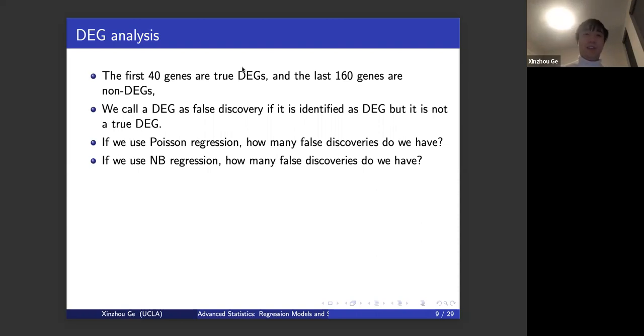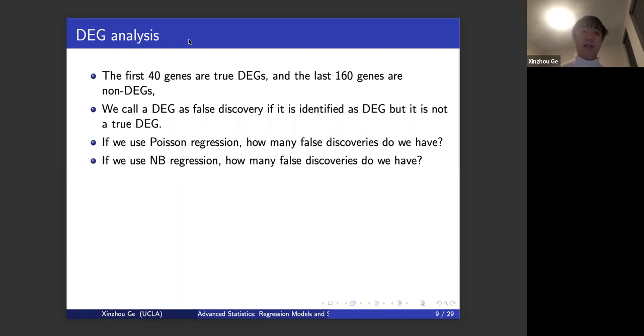Okay, so I may need to do it again. Then we would like to evaluate the results of the DE analysis. As I generated the data set myself, I know which of the genes are true DE genes. For the true DE genes, I generated the counts from the two conditions using two different distributions with different means.